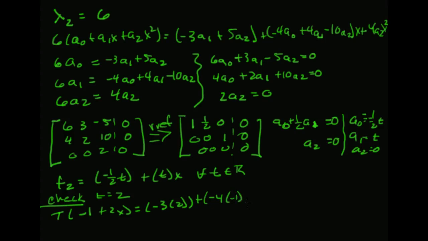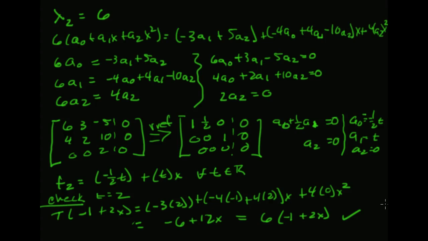Negative 4 times negative 1 plus 4 times 2 times x is the linear term. 4 times 0 times x squared is the quadratic term. That comes out as negative 6 plus 12x, which is the same as 6 times negative 1 plus 2x, which is exactly what I should expect to have happen because my eigenvalue is 6.